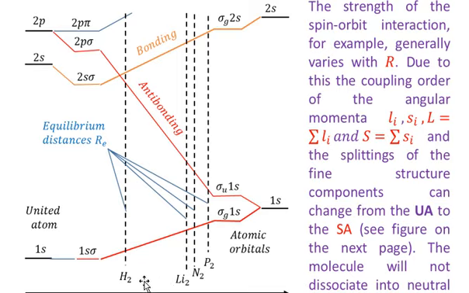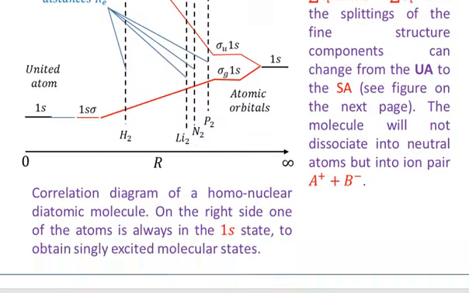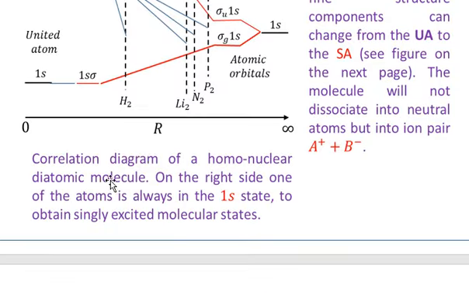At the bottom I have shown the hydrogen molecule, lithium molecule, nitrogen N2 and P2. The caption of this figure is cross correlation diagram of a homonuclear diatomic molecule.